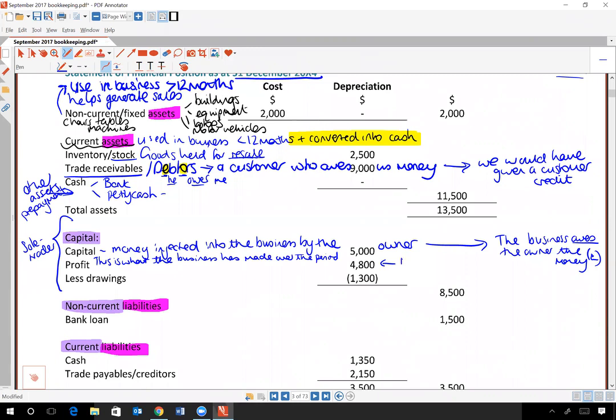That profit is the owner's profit. The owner is entitled to that because they own the business. So if the business makes money and you're the owner, you are entitled to have that money paid over to you. So that profit is owed to the owner.